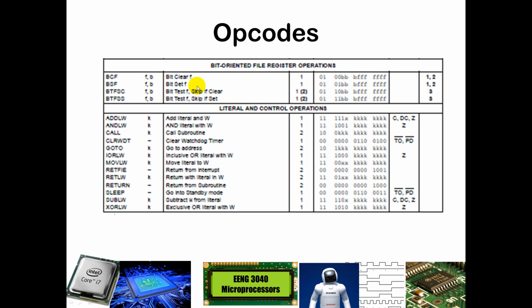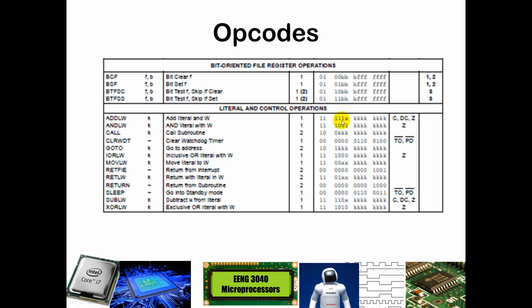And then down here, you've got your literal and control operations. Those are things like calls, GOTOs, some of your logical operations as well, where you've got inclusive ORing literals with W, your various types of returns, all those different things, and they have different leading bits there. So in this case, you're adding a literal with W, and so you're putting in ADDLW.